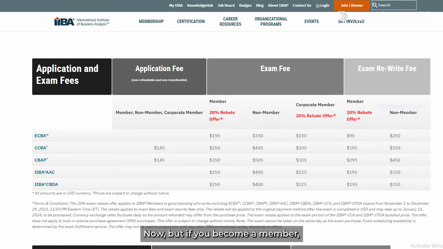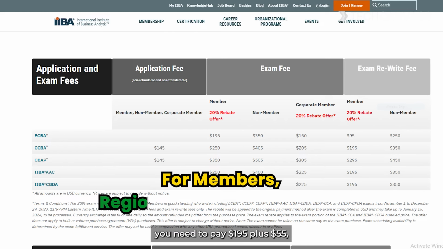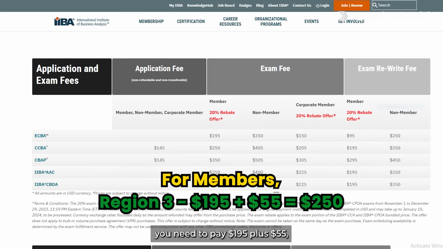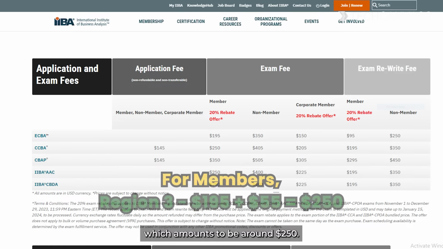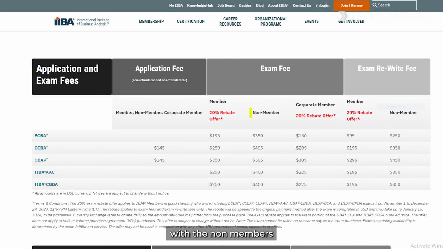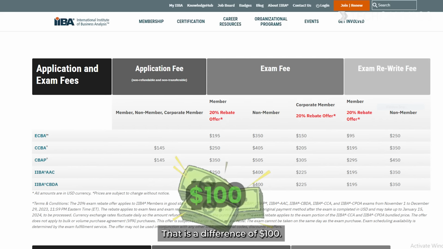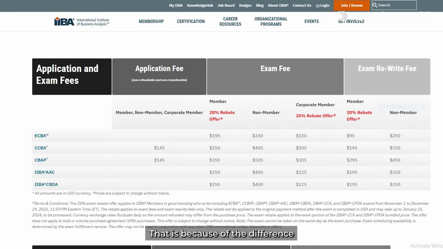But if you become a member, you need to pay $195 plus $55 if you're in Region 3, which amounts to be around $250. But if you compare it with the non-members fees, total fees, you are paying $350. That is a difference of $100. That is because of the difference in the fees of membership.